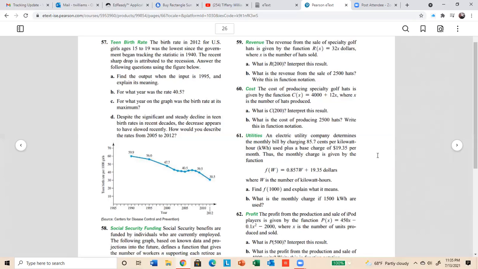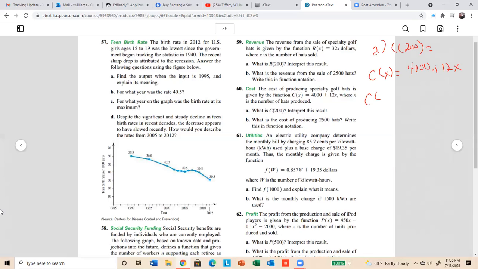So in part A, C of 200 is going to be equal to, well, whatever plugging 200 into the equation is. So remember your equation is C of x equals 4,000 plus 12x.